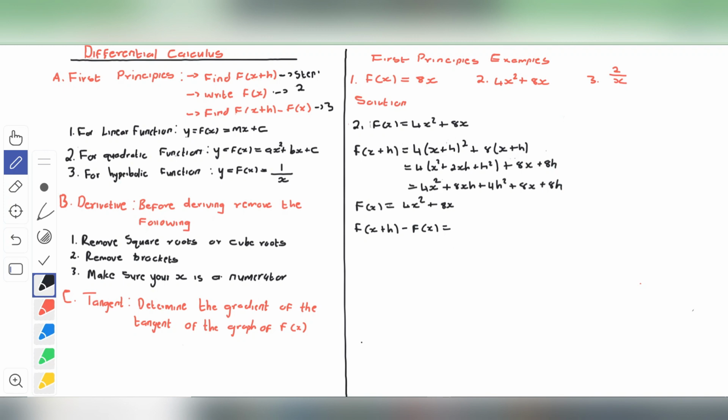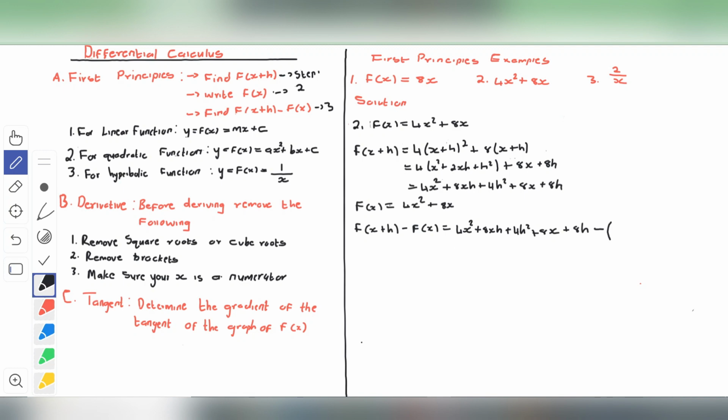Therefore, what is f of x plus h? Here we calculated it, which is 4x squared plus 8xh plus 4h squared plus 8x plus 8h. Therefore, we are done. Then we have what? Negative. After writing this negative, like I said, always we need to put what?